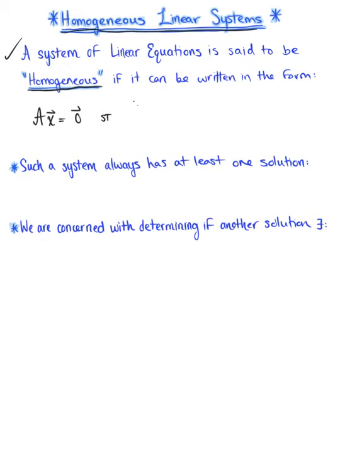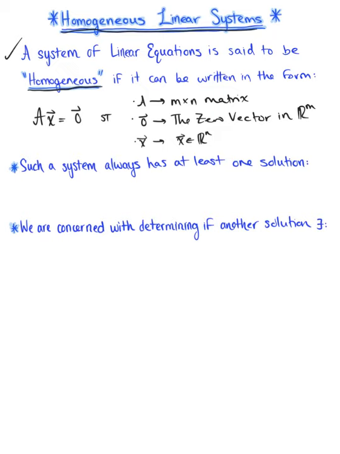And this is such that matrix A is some m by n matrix. This zero vector is, of course, the zero vector, but this is the zero vector in Rm. And vector x is still that vector in Rn.